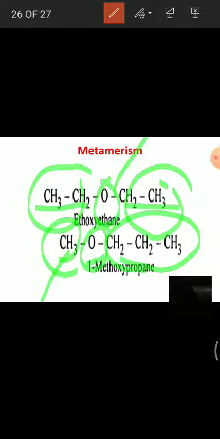One is structural isomerism, another one is stereoisomerism. Structural isomerism is also called constitutional isomerism. That means isomerism is broadly classified into two types. One is structural, another one is stereo.